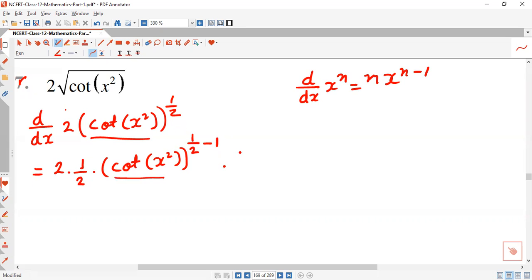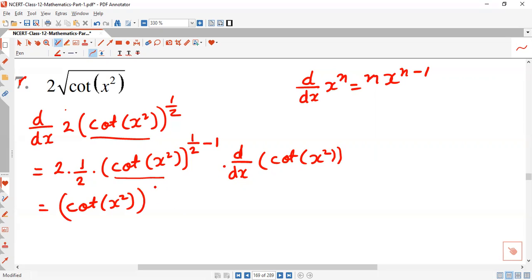So we write down here cot x squared angle, and we close this one. Now, this 2 and 2 cancel out. And we see that here we are getting cot x squared, whose power goes to minus half, into dy/dx of cot x squared.